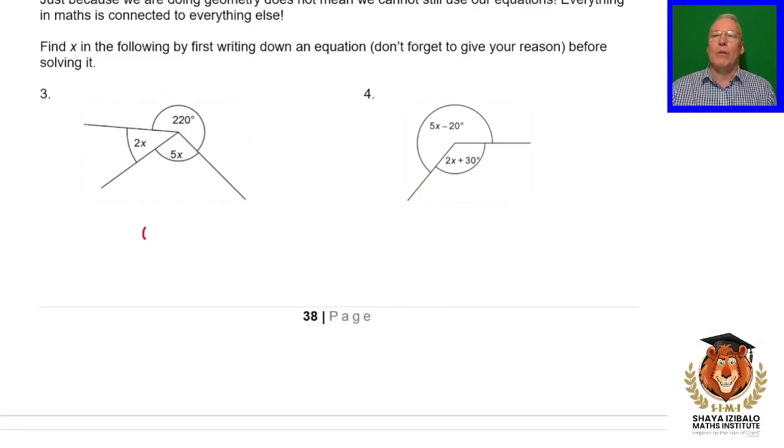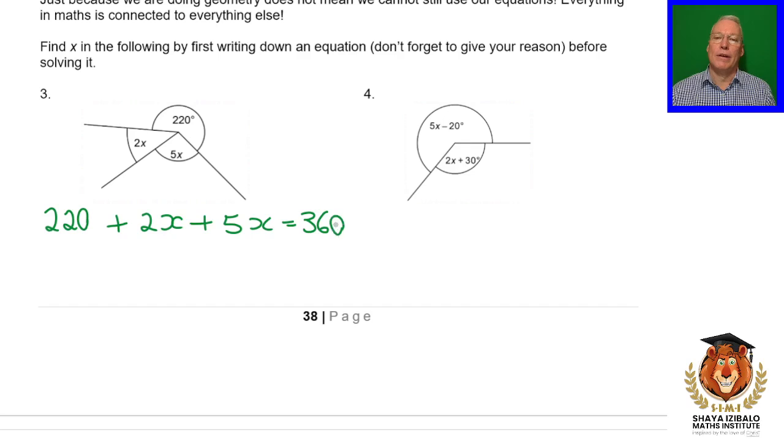Right, so we've got 220 plus 2x plus 5x equals 360 degrees. And the reason is angles round a point. Now let's solve this.